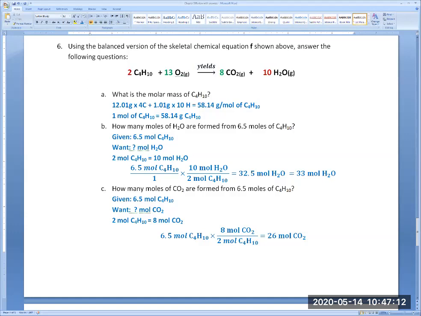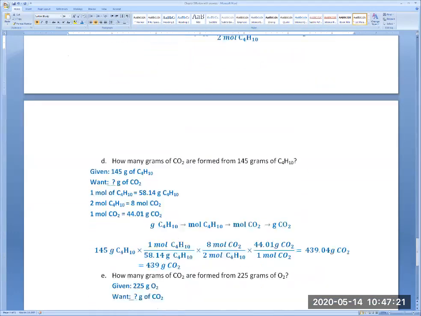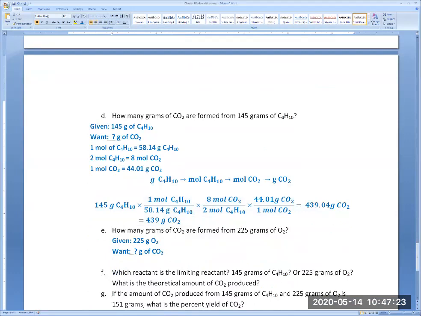And it says we have 13 moles of O2 making 8 moles of CO2, right? So we know we will use that. So it's 13 moles of O2 are making 8 moles of CO2.